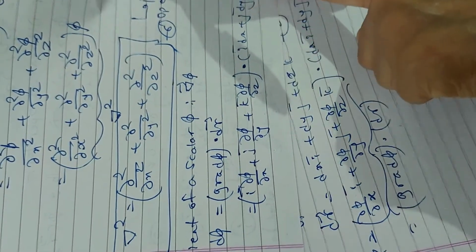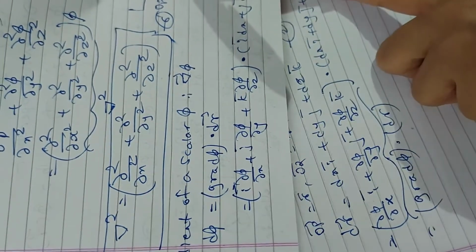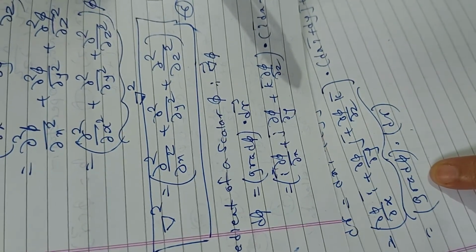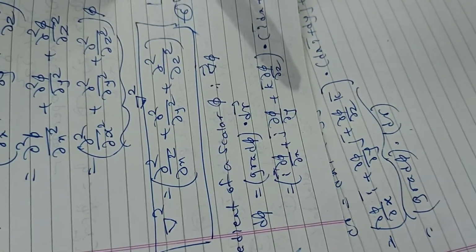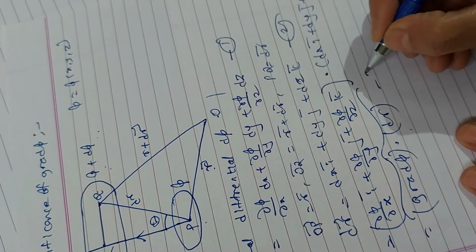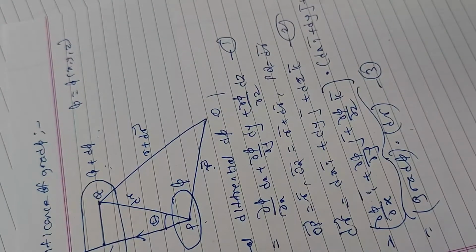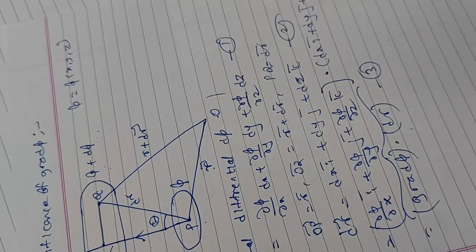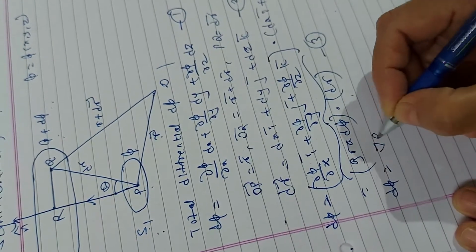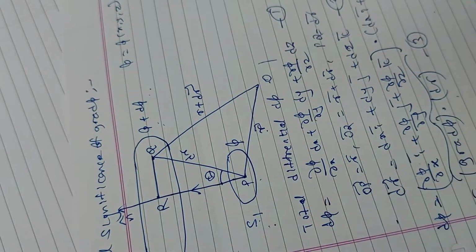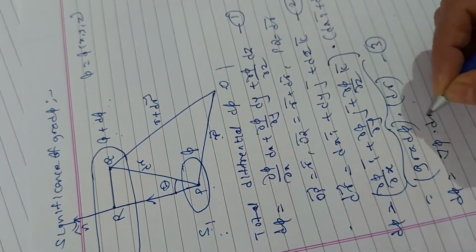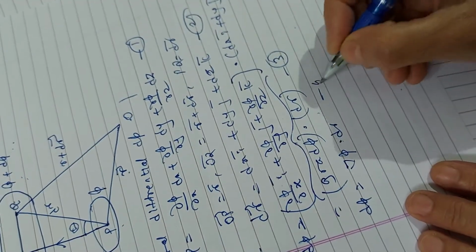Any way you can write, you still get the gradient of scalar phi is grad phi dot dr. Correct? This is my equation number 3. Now suppose we write d phi is del phi, that is grad phi, the definition, dot dr. Del phi dot dr, equation number 4.